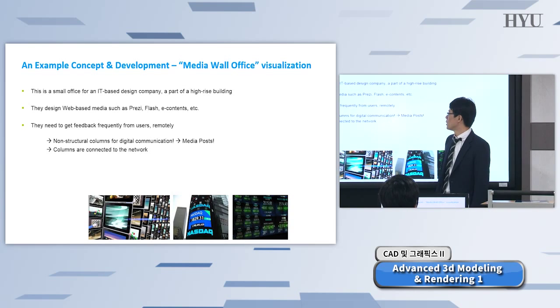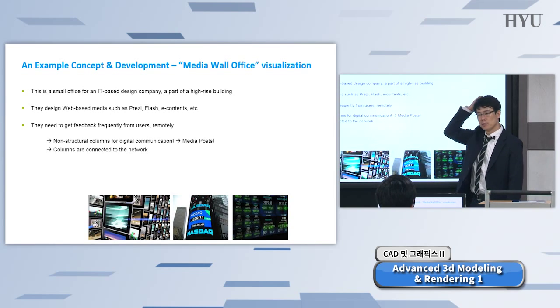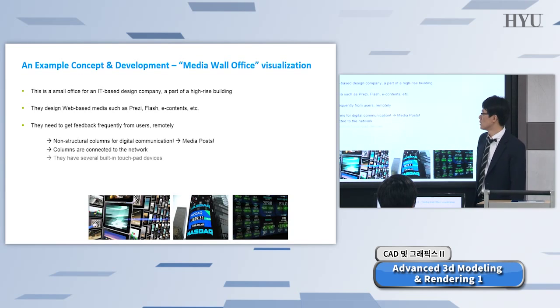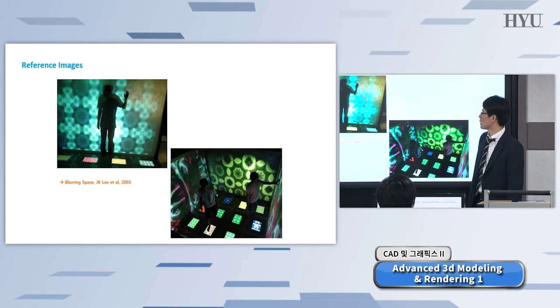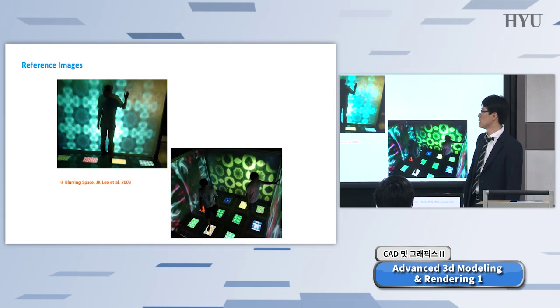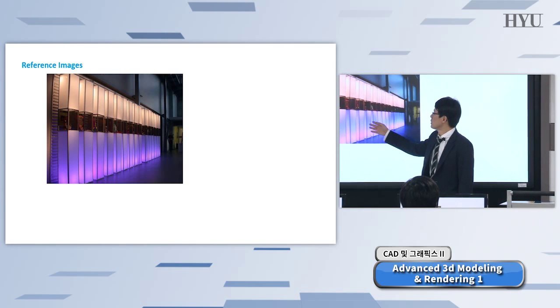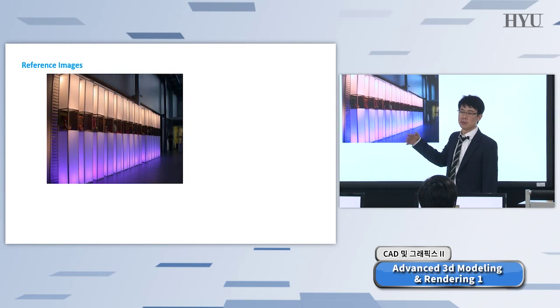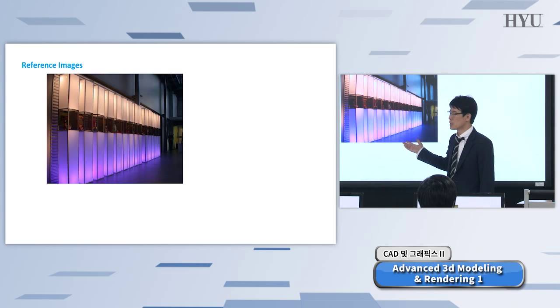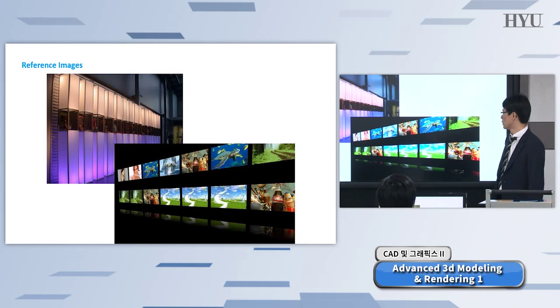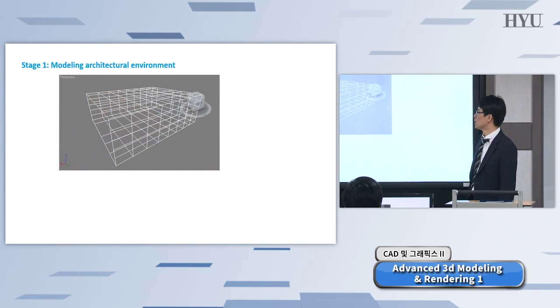So build the entire media screen for the office, even columns. So that's the concept, something like this, okay? Media projected screens or displays. So columns can be found in this way as decorative objects, elements, and screens. You can find something similar to this one.